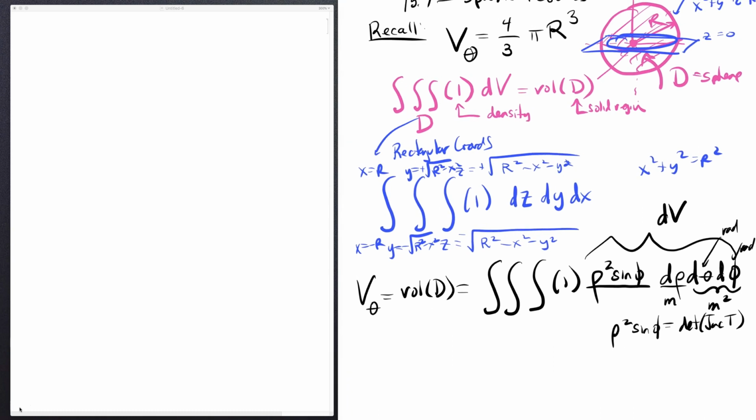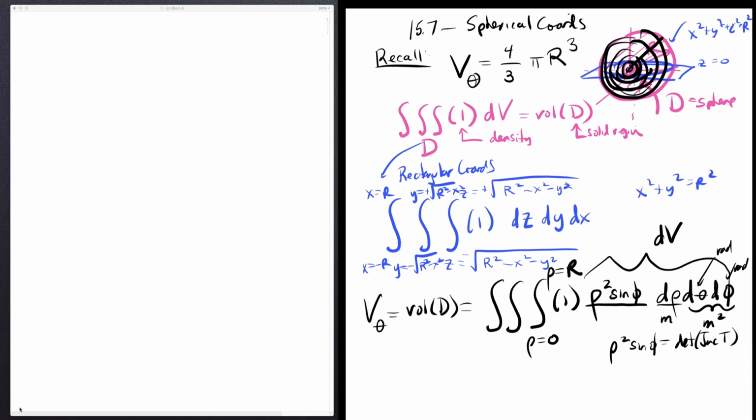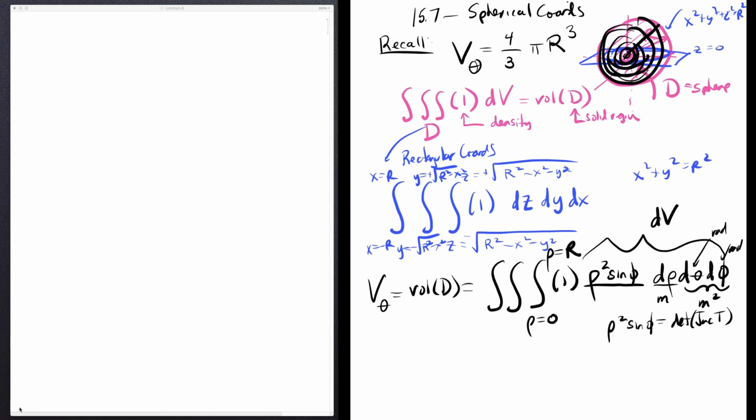And now we need to simply fill in the limits of our region. This solid region is made up of spheres of increasing radii, and those radii go from rho equal to 0 up to rho equal to the radius of the sphere that you're trying to find the volume of. So this is a solid sphere, like a rubber ball, and that solid sphere is made up of increasing radii.